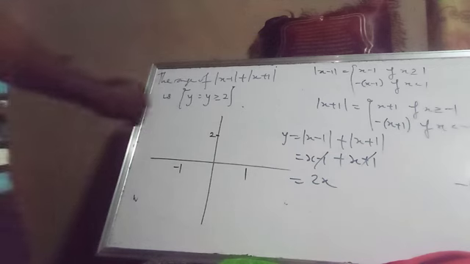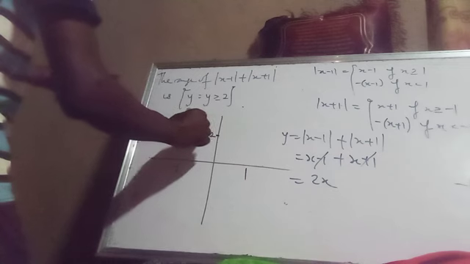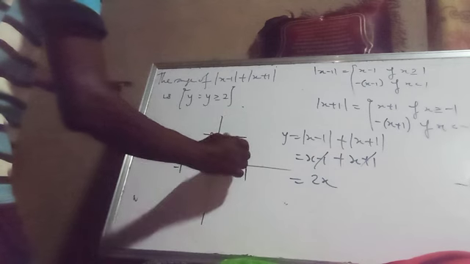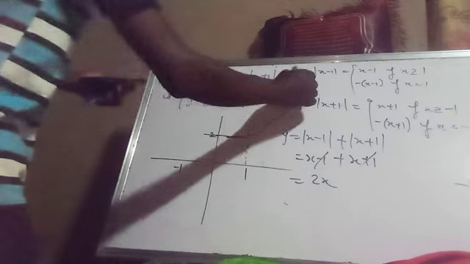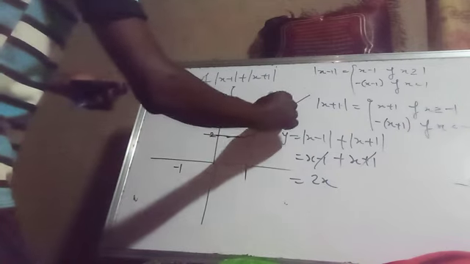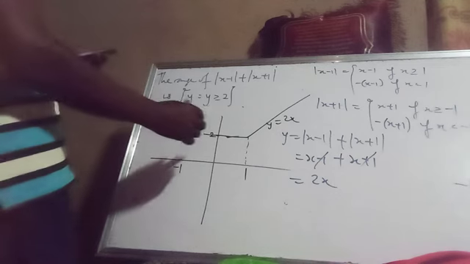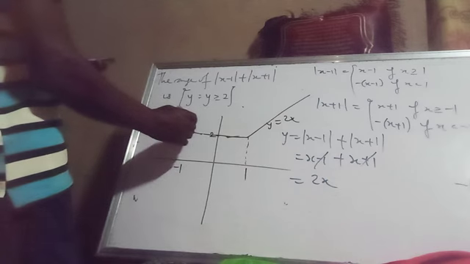Fine. So now you sketch this. Because this graph is moving from here, it goes this way. This is y equals 2x, when your x is 1 there. The other one is on minus 1.